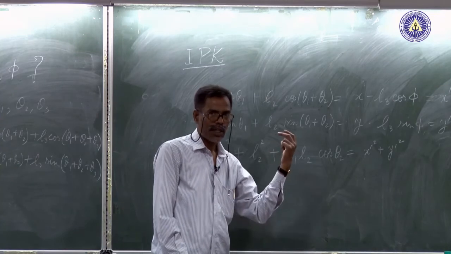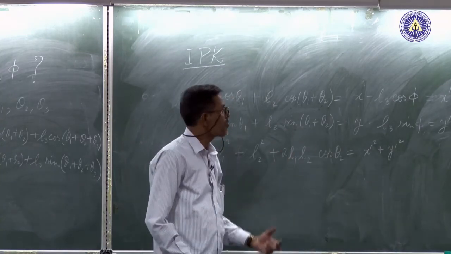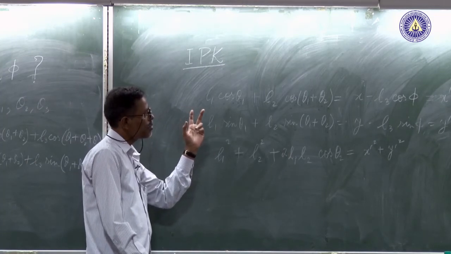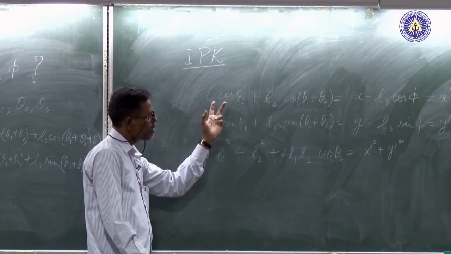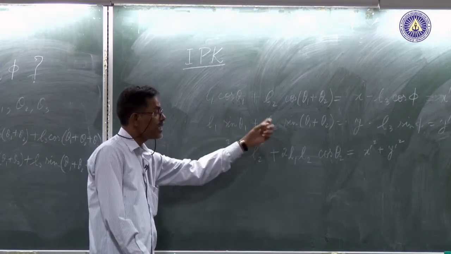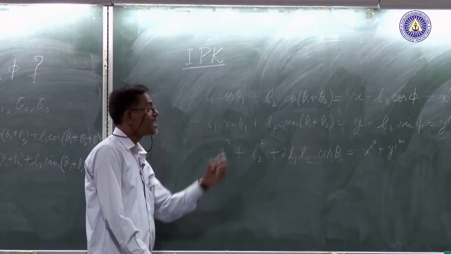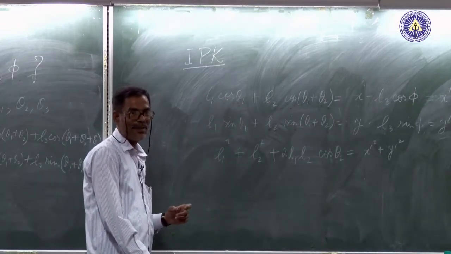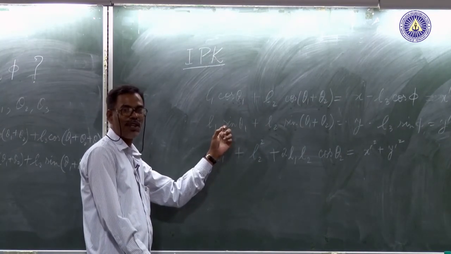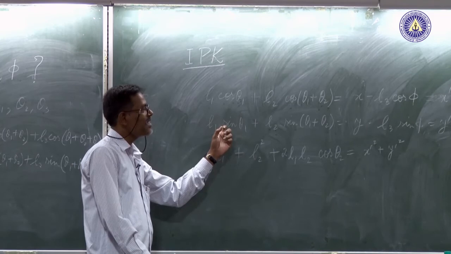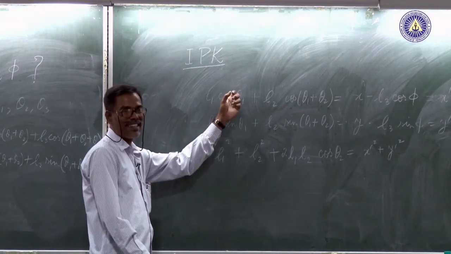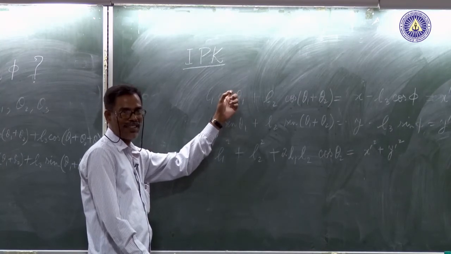That angle will be somewhat different from theta 1. Two values of theta 1 you will get. As you take one of those values of theta 1 with the selected value of theta 2 and put it here, this will not be satisfied, the other one will satisfy it. Similarly, if we had started from here, then again for theta 1 we would get 2 values, and when you put them along with the selected value of theta 2 here, one set will not satisfy it, the other set will.